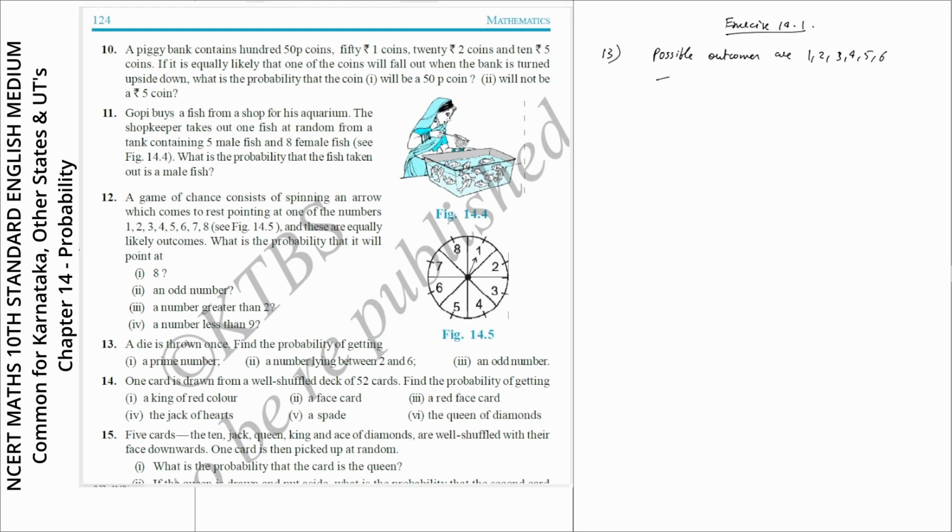So what is the total number of outcomes? How many outcomes are there? 1 2 3 4 5 6. The total number of outcomes is 6. Now coming to the first question, what is the probability of getting a prime number?